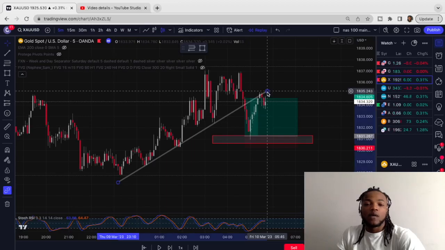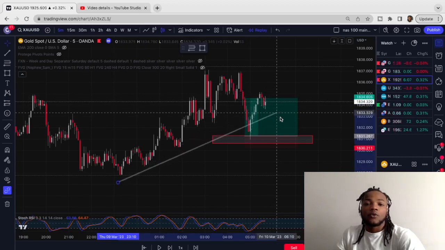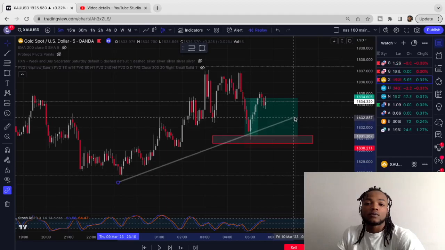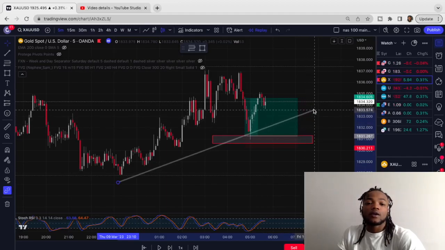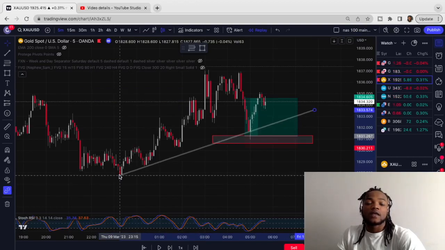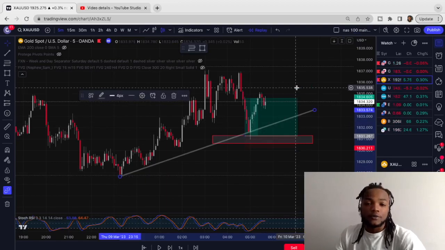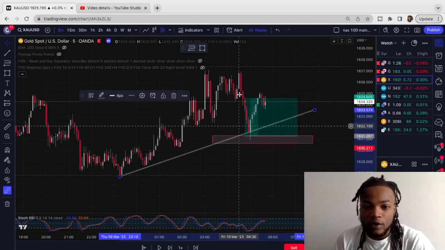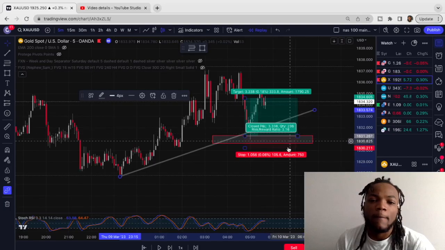But actually, we can move our trend line right here, because now we got a second higher low. So we got another point on the market, right?